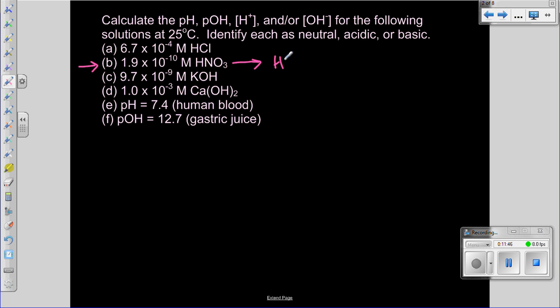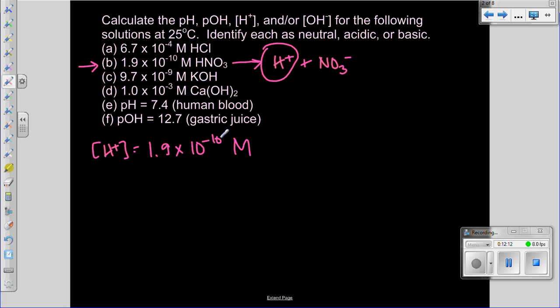That means I'm going to get all hydrogen ion and nitrate ion. The nitrate ion is not going to contribute to pH at all, so I'm going to ignore that. Whatever my concentration is, that is also my hydrogen ion concentration. So my H plus concentration is 1.9 times 10 to the negative 10th molar.